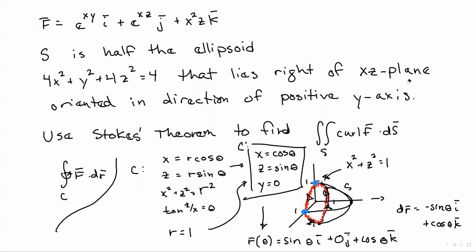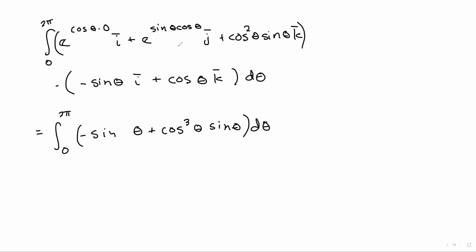If you go through and differentiate these, the derivative of sine theta is cosine theta, and the derivative of cosine theta is negative sine theta. All right, and so now this is supposed to be cosine theta, and then that one is negative sine theta.